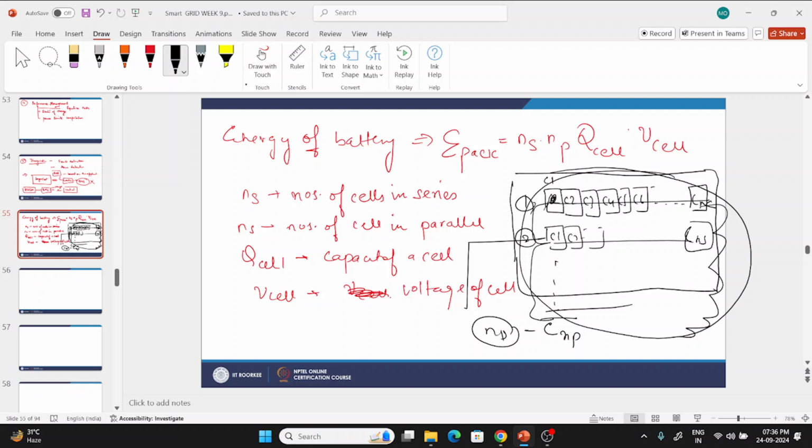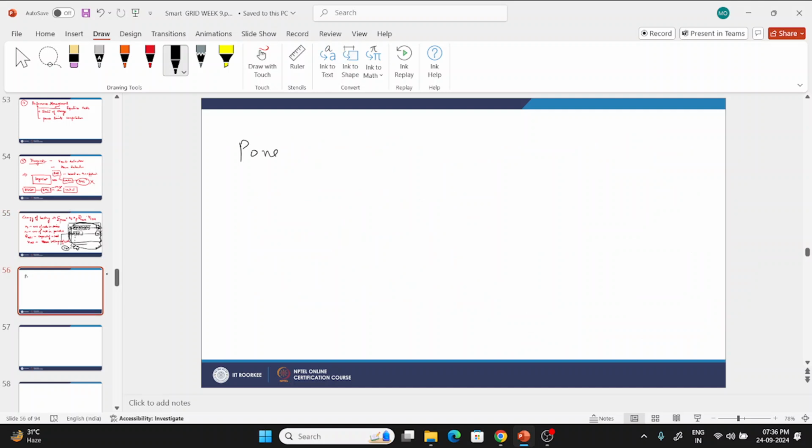We can say here that these are cells in series, also in parallel. Based on that, पावर ऑफ पैक कैसे निकलेगा?